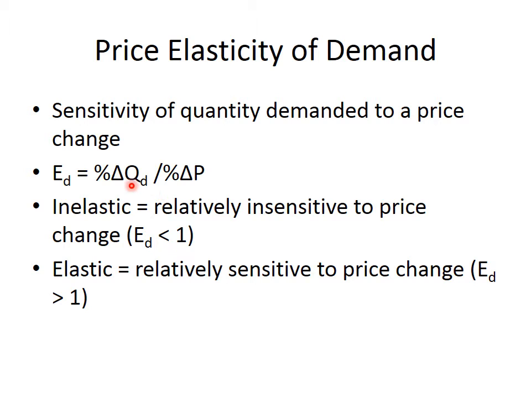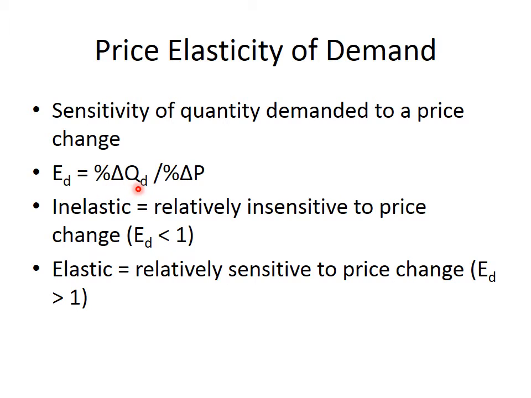The only way this number could be 0 is if the percentage change in quantity was 0. Well, we know from the law of demand that can't really happen, because what the law of demand tells us is that if there's a change in price, there's going to be a change in the amount demanded. Higher price is less demanded, lower price is more demanded, but it means that if there's a change in price, there has to be a change in the quantity demanded.